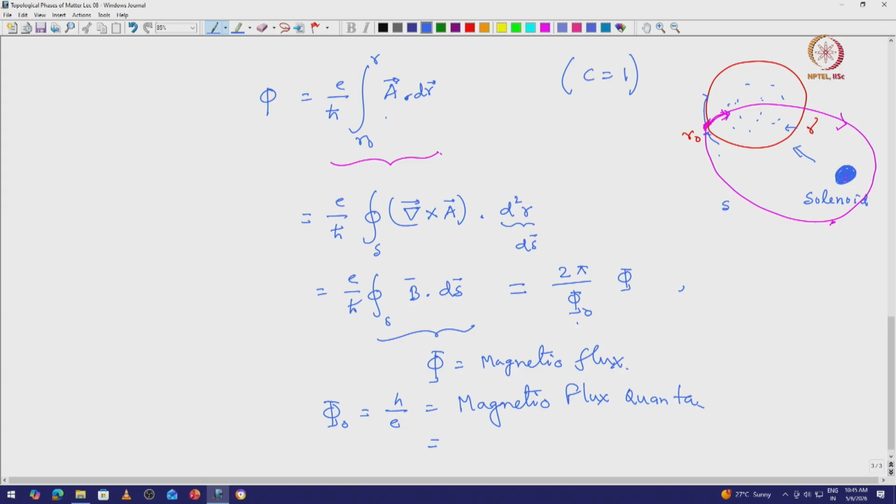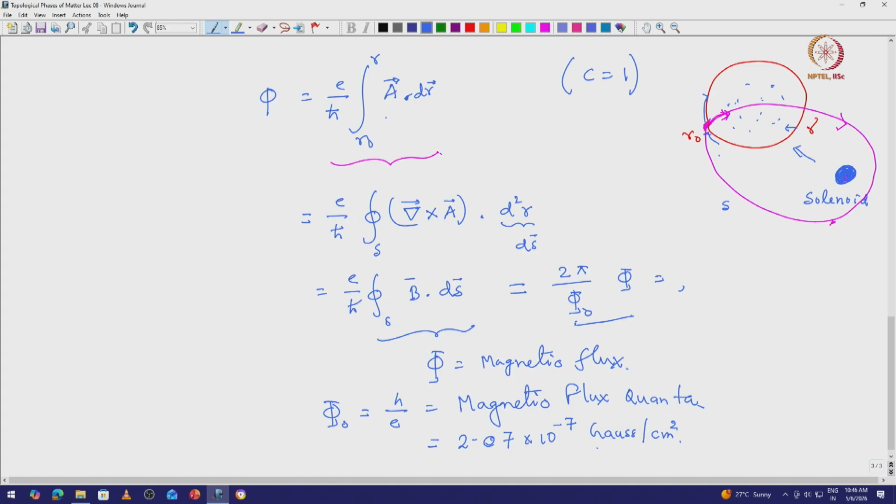And this is very small, and the value is so centimeter square is a big area, and this is the amount of magnetic field that passes through. It's a very small quantity. So, it just counts how many magnetic flux divided by the flux quanta that passes through. Okay.